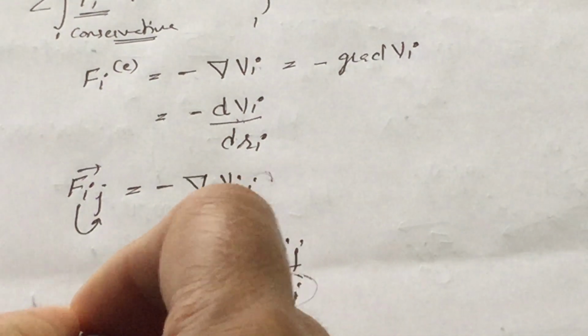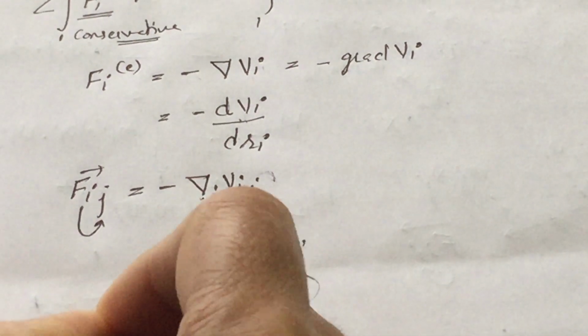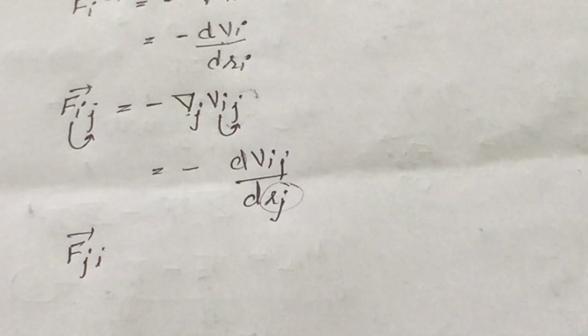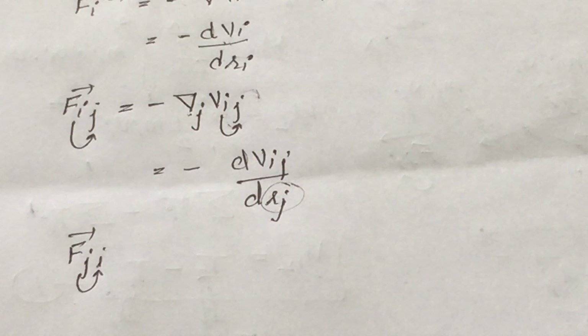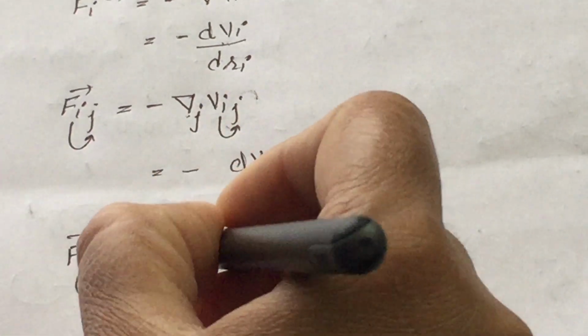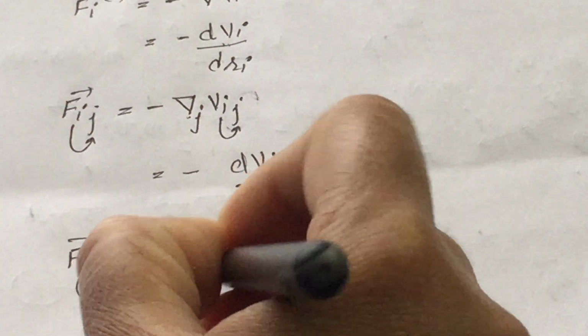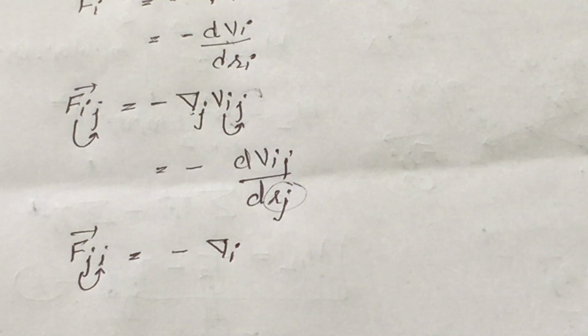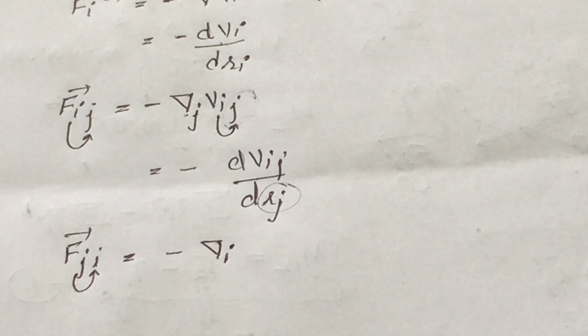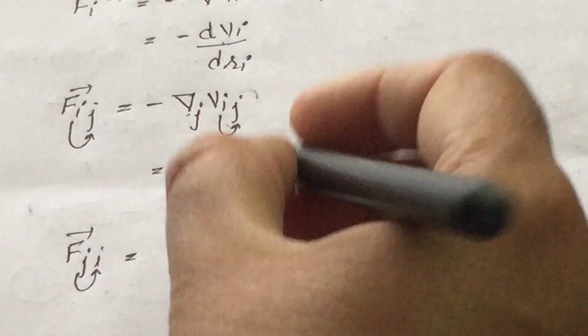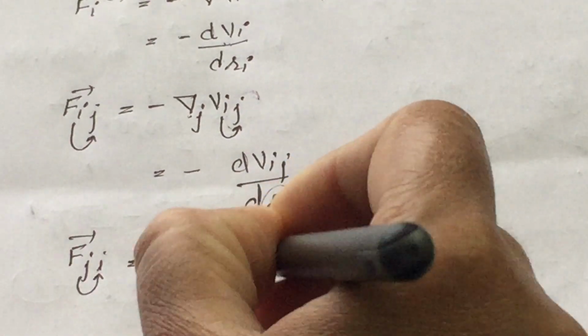Similarly, when we talk about Fji, we are taking the internal force on the ith particle. It means the jth particle is applying force on the ith particle, so the position of the ith particle will change now. So we are taking the del operator with the ith particle, and we are representing it with Vji.